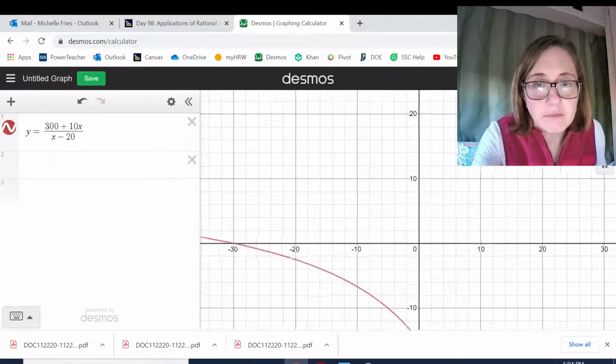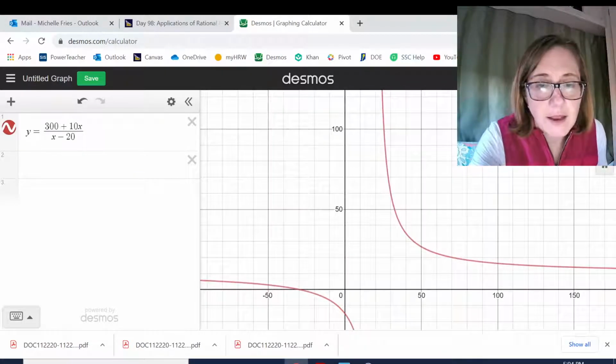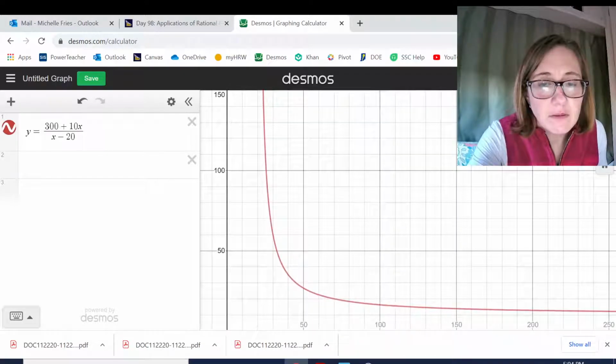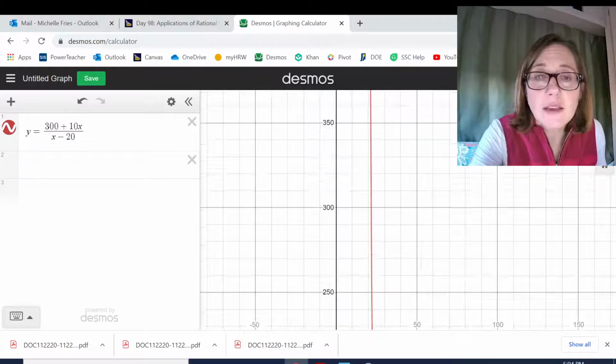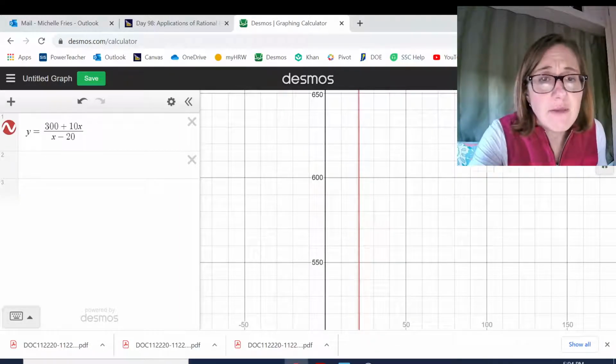Okay, so here's my graph. So I know what they're going for. They want you to see that this has a vertical asymptote that's going up very, very high.